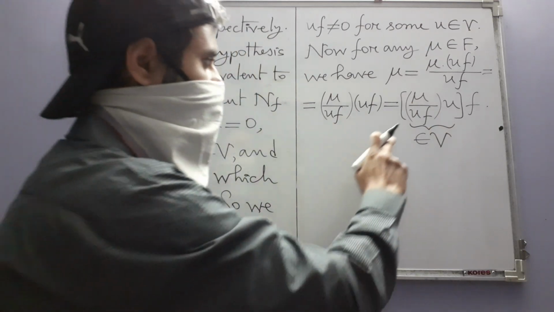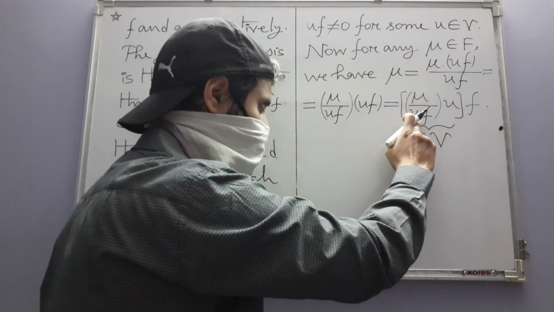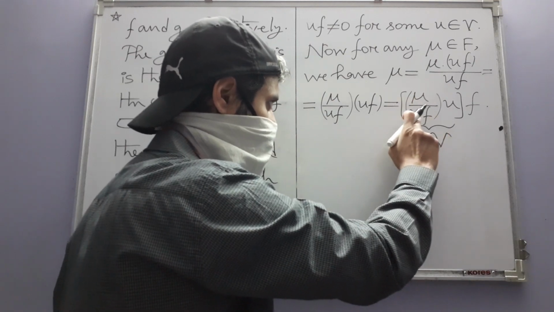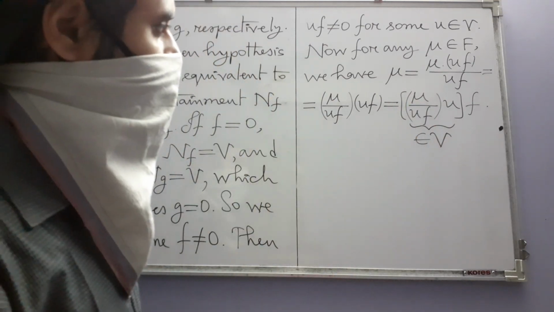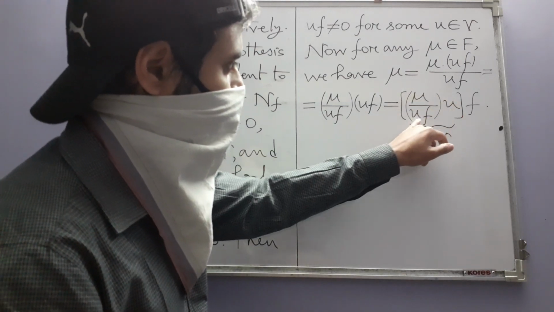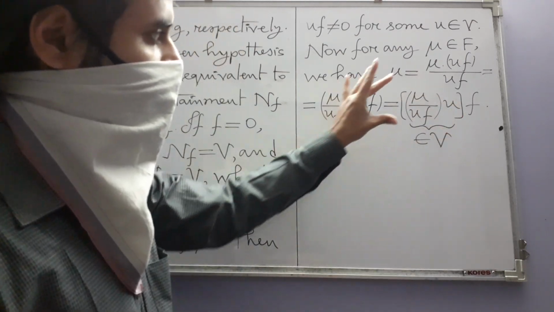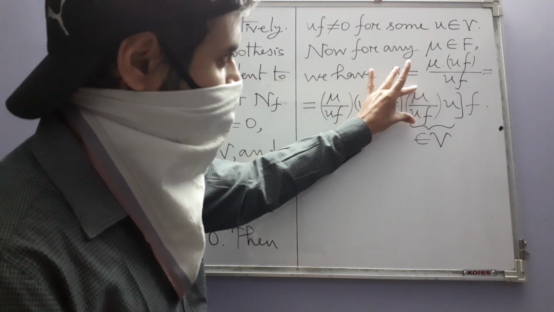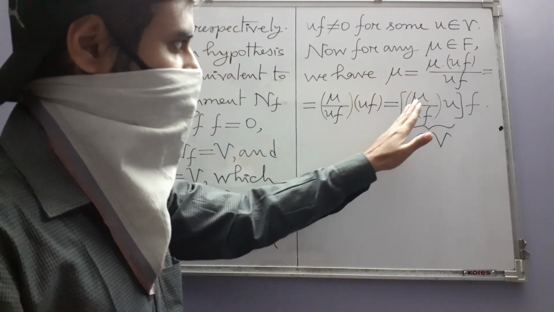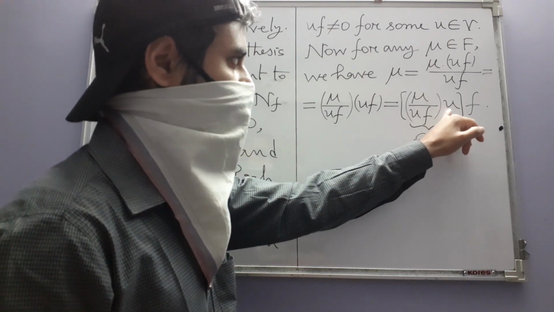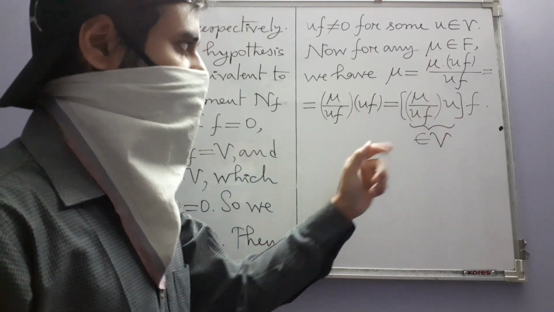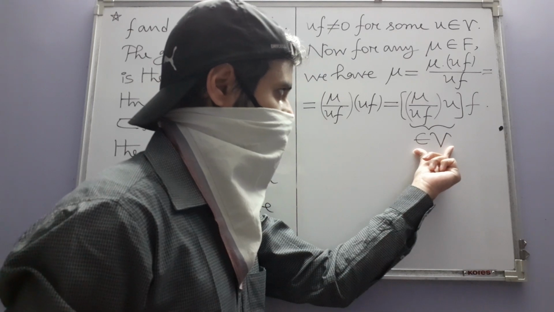Keep in mind that although u appears here also in the denominator, it's not u, but the image of u under F, which is a scalar. So mu is a scalar divided by uF, that is a scalar. So in our field, this thing inside the round brackets is a scalar. So we are considering the scalar multiple of u by this scalar. So that is again a vector in V.